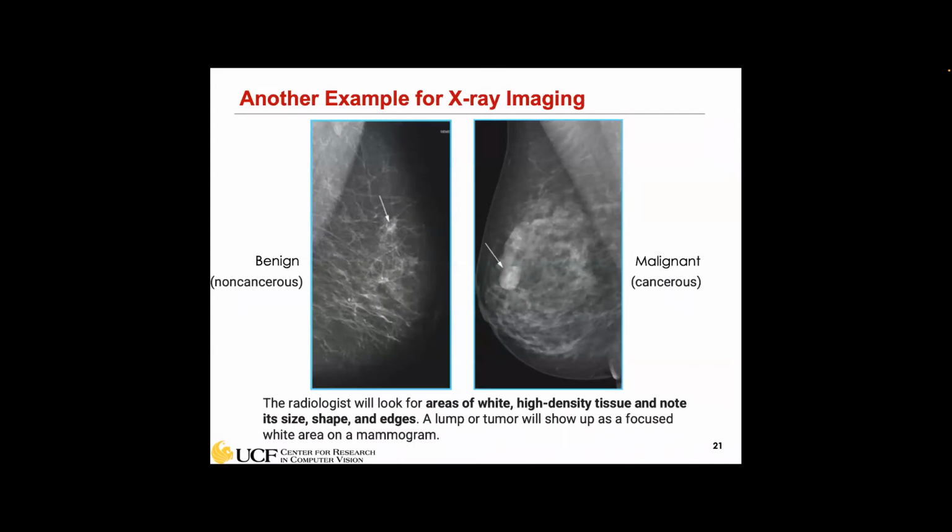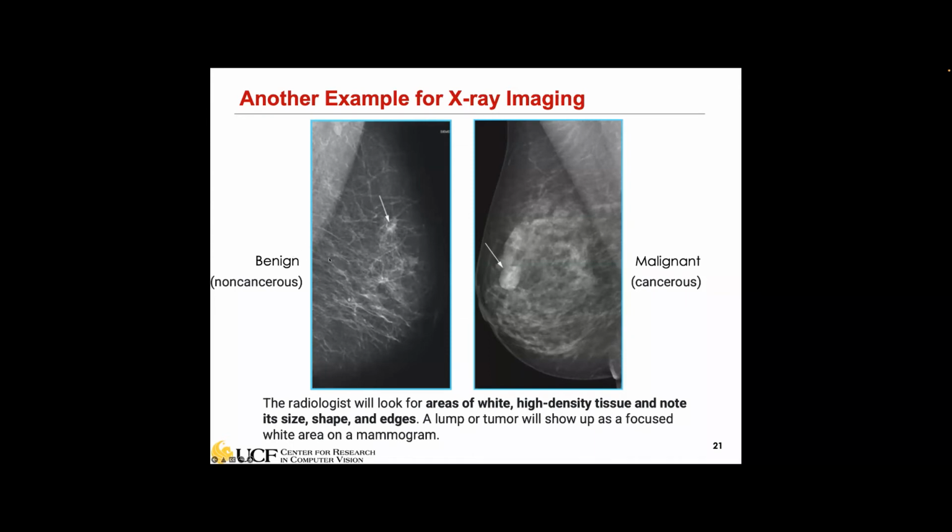Okay, so this is another example of X-ray imaging. This is the mammograph. The radiologist will look for areas of white, high density tissue and note the size, shape, and edges, right? A tumor will show up as a focused white area on the mammograph. So here, this is the breast X-ray.